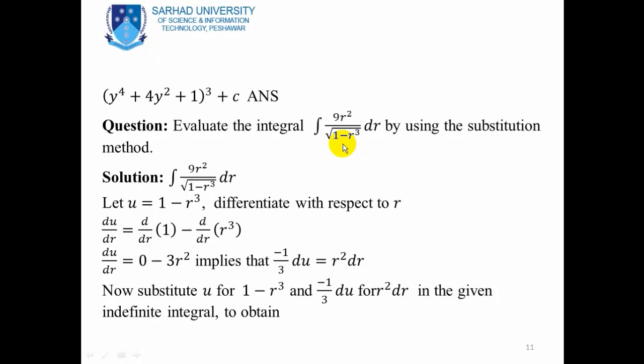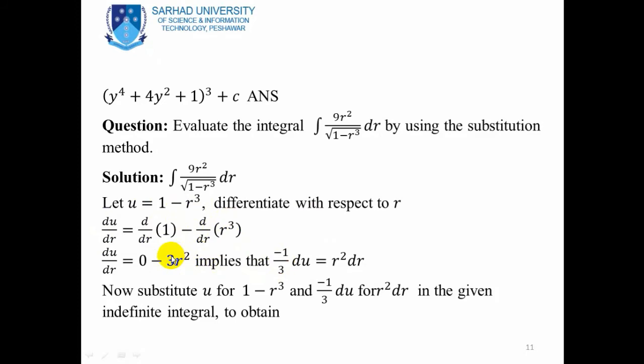So this point is very important. Now 1 minus r cube is equal to u. Taking the derivative with respect to r, du by dr is equal to the derivative of 1 with respect to r, which is 0, and the derivative of r cube with respect to r by using the power rule, multiply the power with the coefficient and subtract 1 from the power, we obtain minus 3r square.